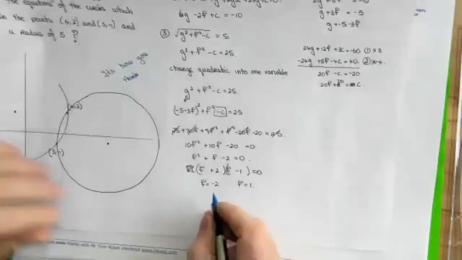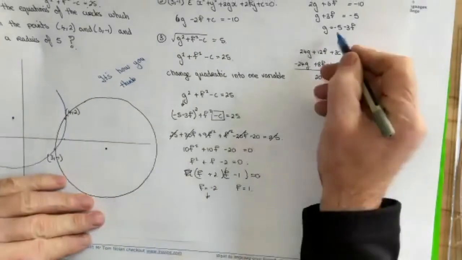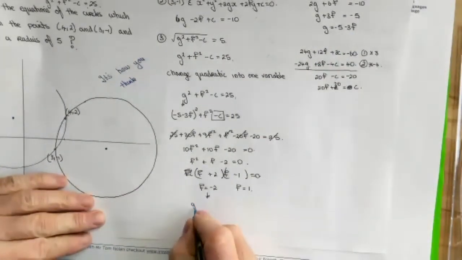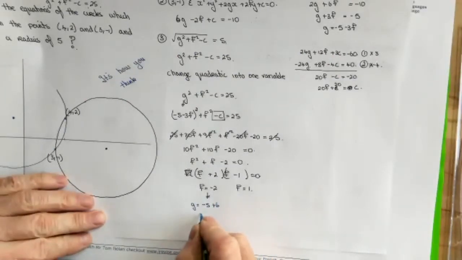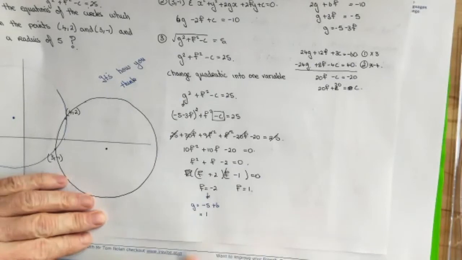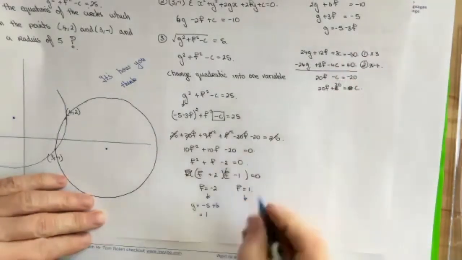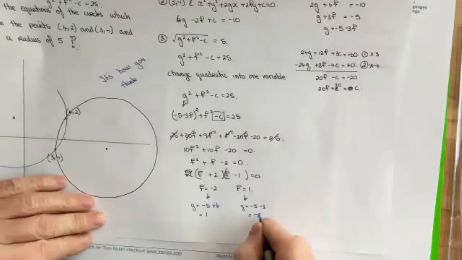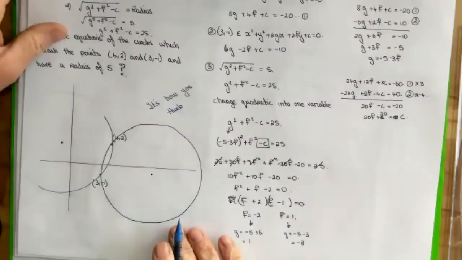Now, when f is minus 2, g is minus 5 minus 3f. So therefore, g is equal to minus 5 plus 6. g is 1. When f is 1, g is minus 5 minus 3, which is minus 8. So 8 and 1, that looks right again.